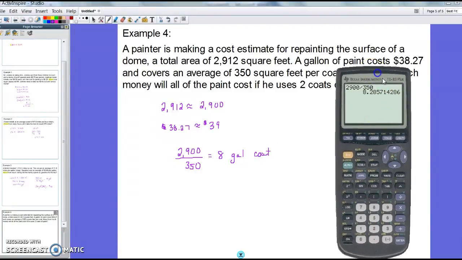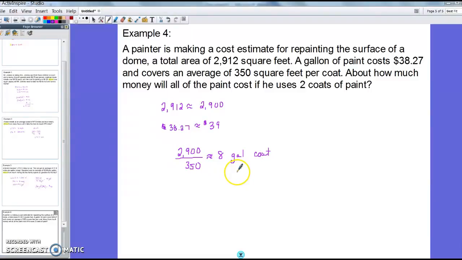I just pulled up my calculator and I did 2,900 divided by 350. That comes out to 8.28, right? So again, we're rounding. What does that mean? That means if there's 2,900 square feet that need to be covered, and a gallon of paint covers an average of 350 square feet per coat, I need 8 gallons to do 1 coat of paint. But because I want 2 coats, I need double that, so I need 16 gallons of paint.